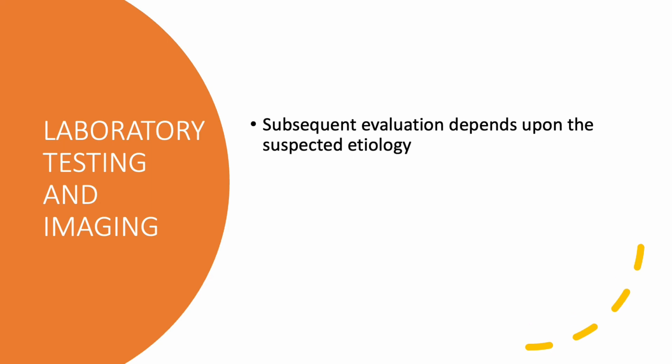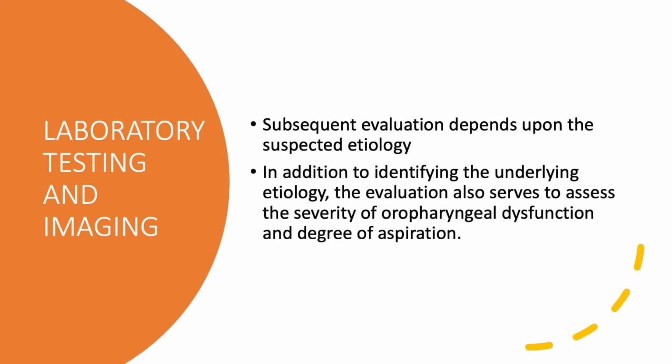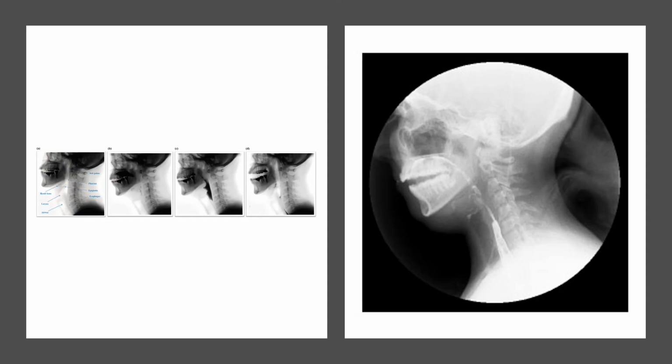Subsequent evaluation depends upon the suspected etiology. In addition to identifying the underlying etiology, the evaluation also serves to assess the severity of oropharyngeal dysfunction and degree of aspiration. For example, for patients with a history of or suspected neuromuscular disease, we perform video fluoroscopy with modified barium swallow and esophageal manometry to permit a detailed analysis of swallowing mechanics and pressures.